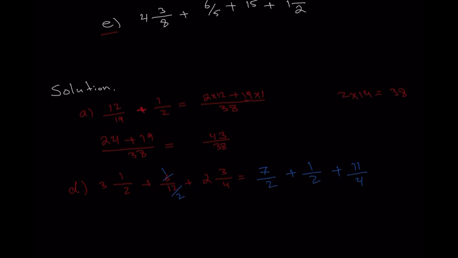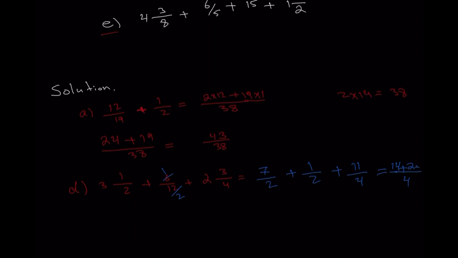Now we have these three fractions, we can add them. We have to find a common denominator, which is 4, because 4 can be divided by all three denominators. So 4 divided by 2 is 2, 2 times 7 is 14. Add this sign. 4 divided by 2 is 2, 2 times 1 is 2.